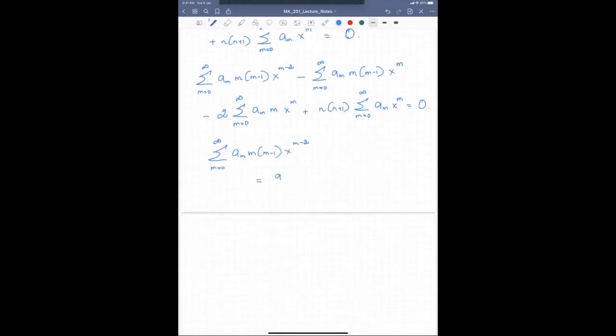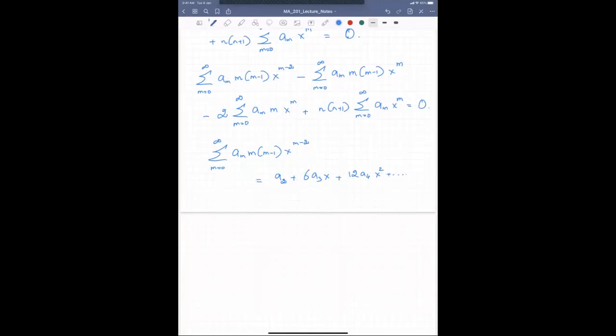So this series starts at a2. If I put m equals 3, I get 3 times 3 minus 2, which is 6, so 6a3x, right? Plus, if I put m equals 4, I get 4 times 4 minus 1, which is 12a4 x square, and so on and so forth, right?